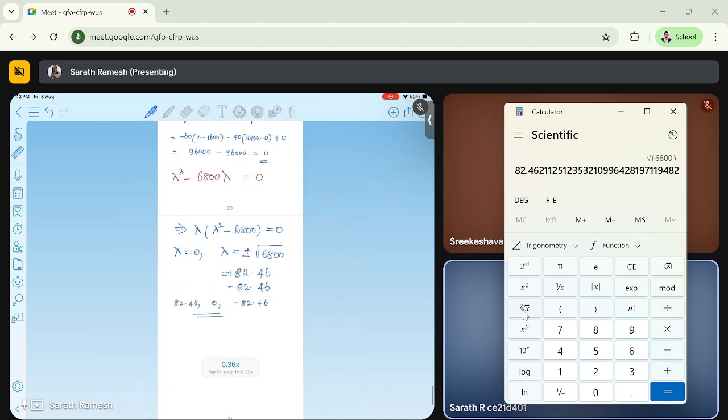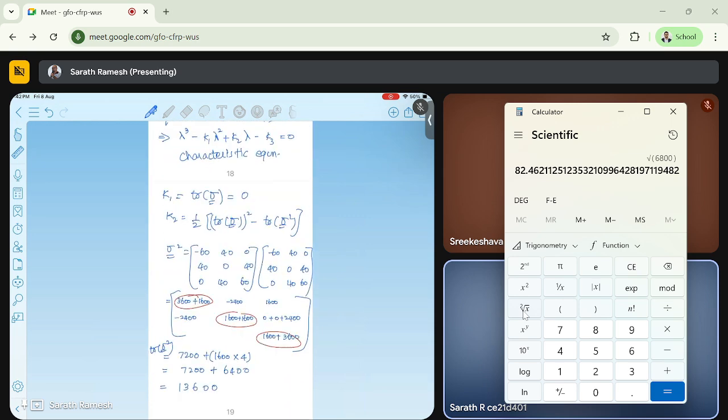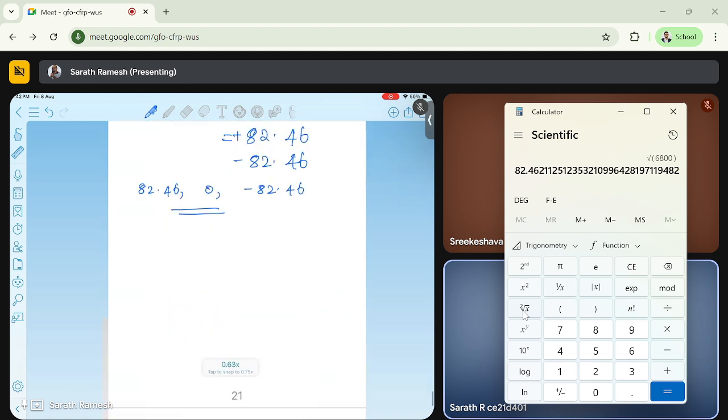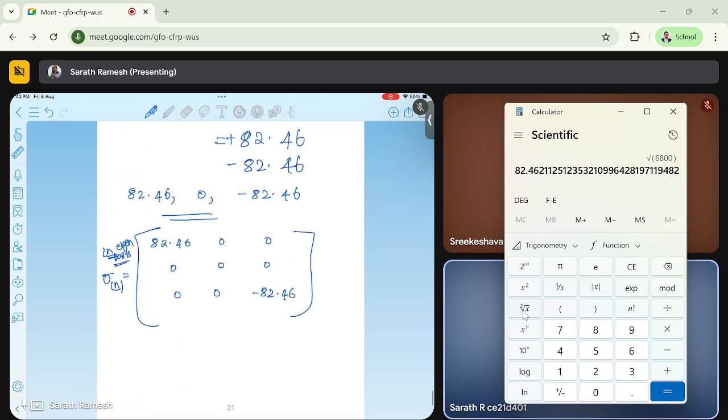So actually, this stress state tensor that they gave is the same as this stress tensor: 82.46 0 0, 0 0 0, 0 0 minus 82.46, right? This is in the eigenbasis, sigma n, in the principal basis. Fine.